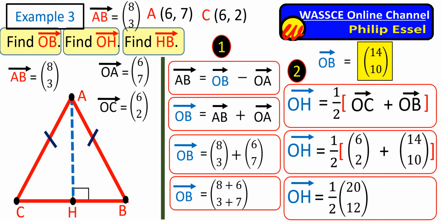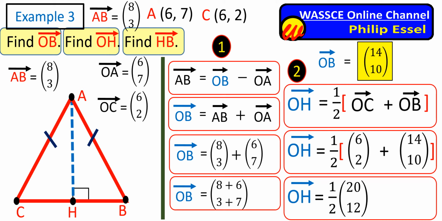This would then give us the position vector equal to half of the vector 20, 12. Remember that the two vectors in the red bracket were added together to get the 20, 12.